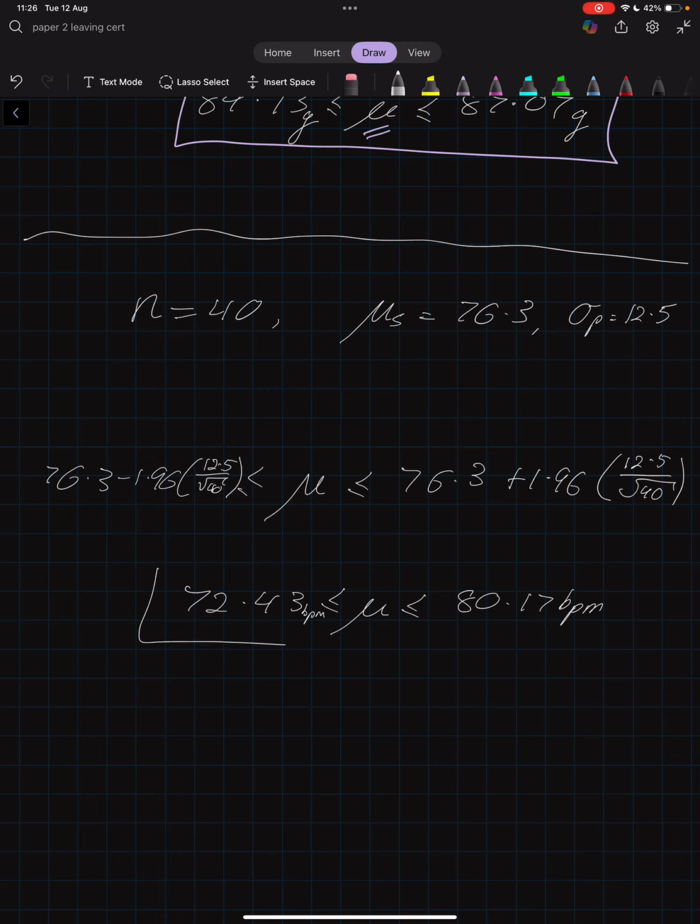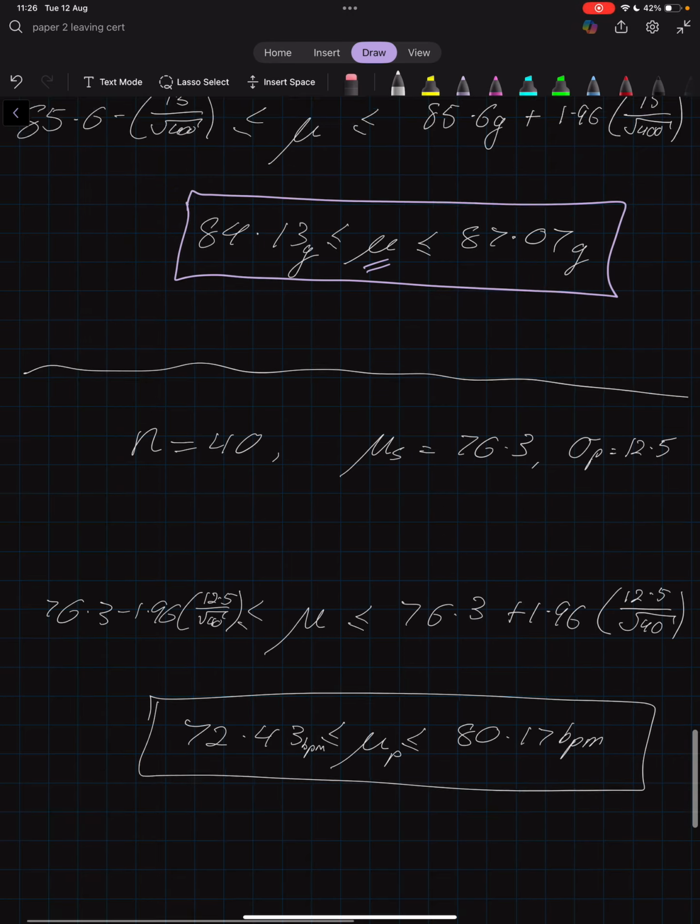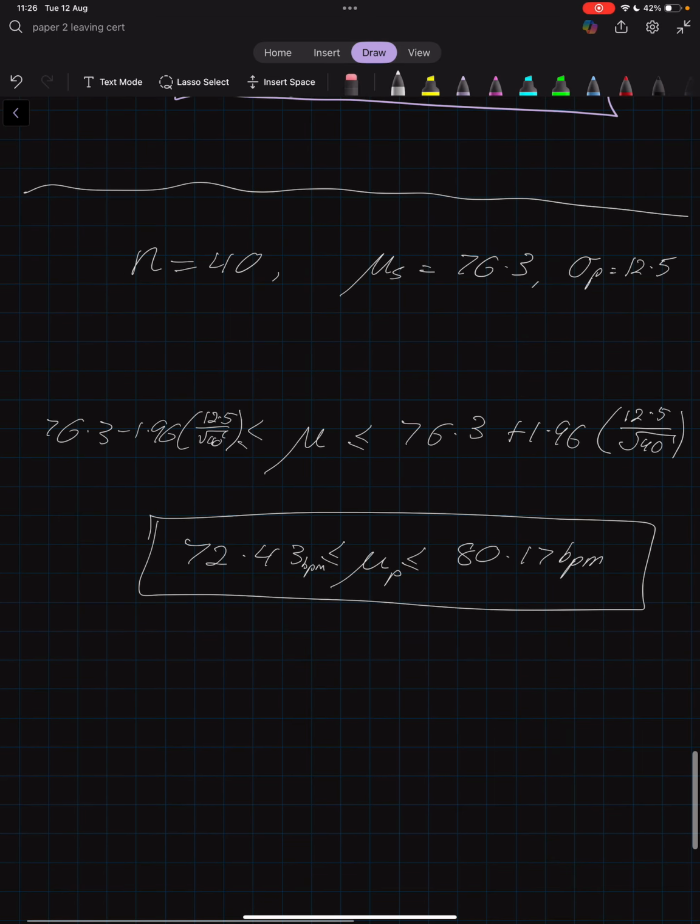Okay, and that's it. Okay, that's all you have to do. So again, this is the mean of the population. Okay, and yeah, that's kind of it. So as long as you know that it's 1.96, you're flying. And not much work to be done with it, okay?